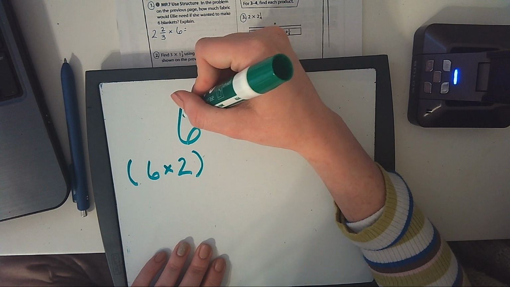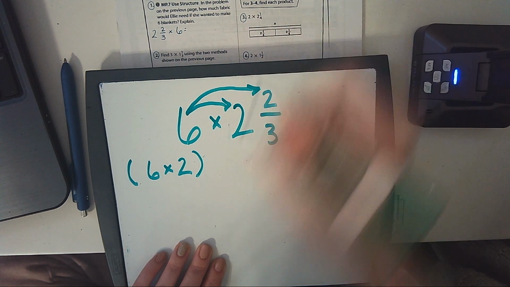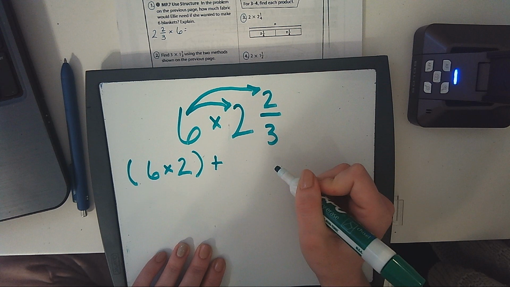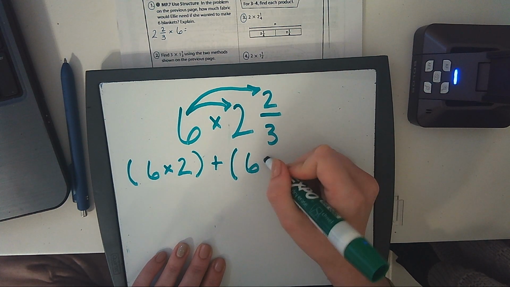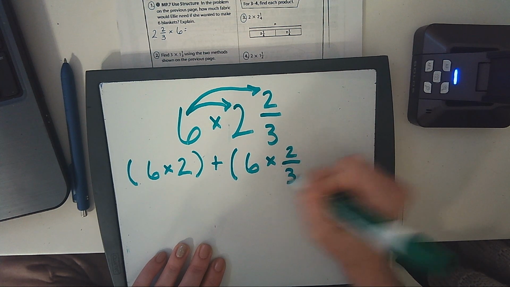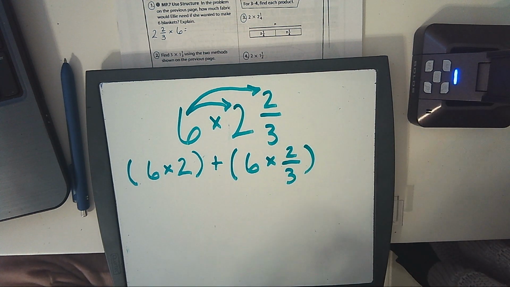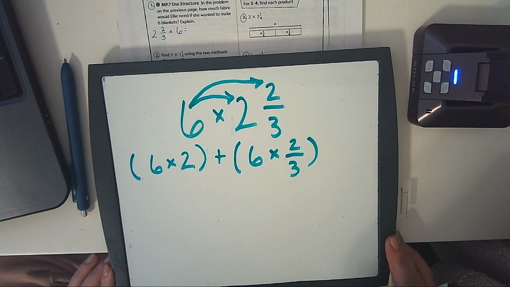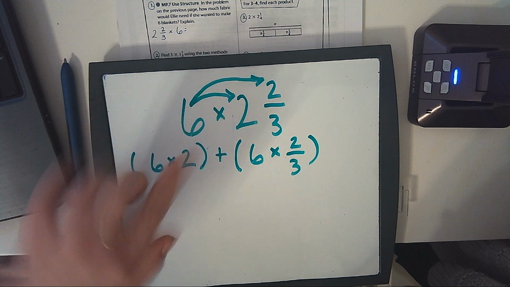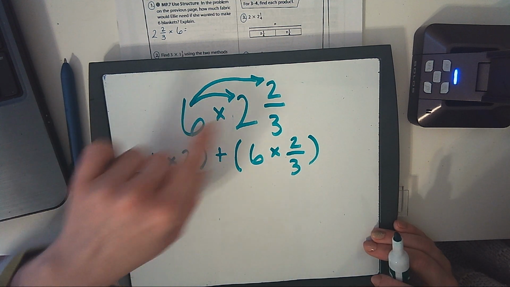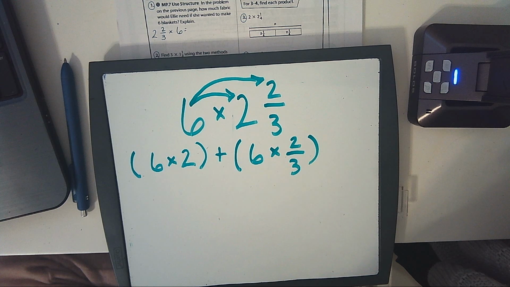And then our next arrow goes to the fraction, and we'll be adding the answer for 6 times 2/3. So you should have 2 separate equations here that you will be adding the answers together for your final answer. 6 times 2 needs to be in parentheses. 6 times the fraction 2/3 needs to be in parentheses. And then we can start to solve.